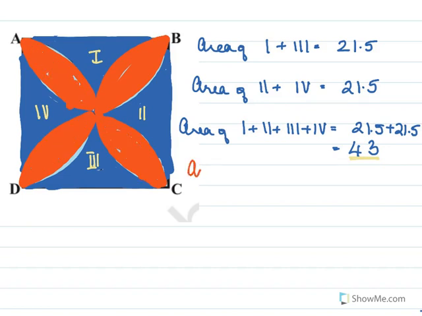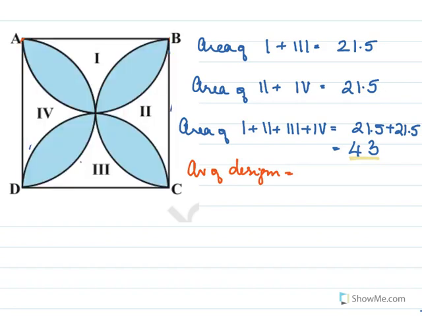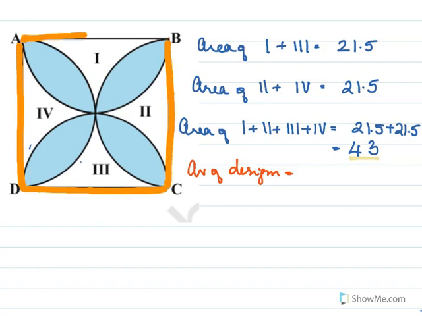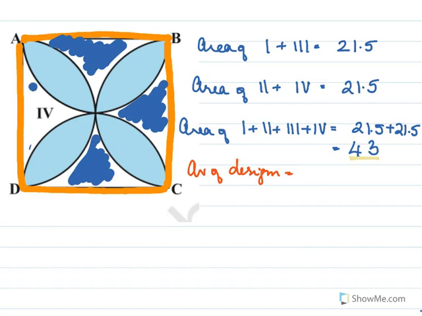So area of shaded region, or this orange area of design I will call it. To find this area we need to take up the area of the square, this entire square ABCD, and from that area we need to subtract this area 1 plus 2 plus 3 plus 4, and what will remain will be the area of that shaded region.